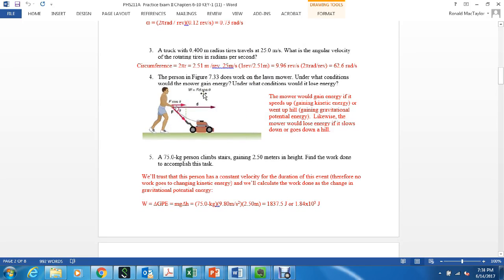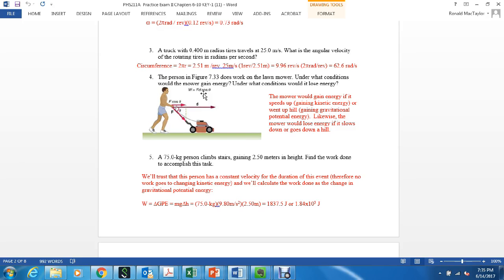All right. Person is mowing the lawn. But wait a second, they're not asking us something normal with F d cosine theta. It's a conceptual question. So under what conditions would the lawnmower gain energy? Well, it would gain energy if we were to drop it off the roof of a building and potential energy turned into kinetic energy.